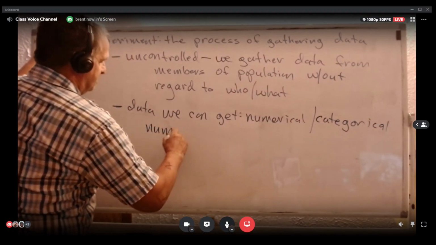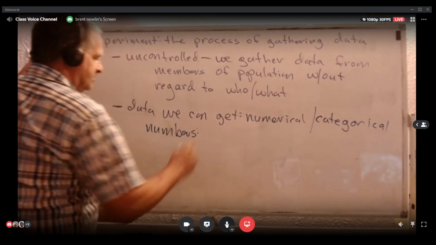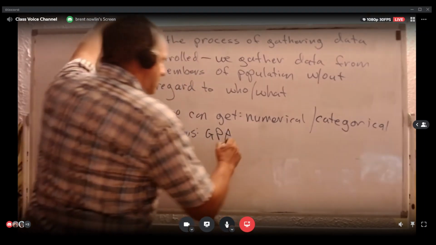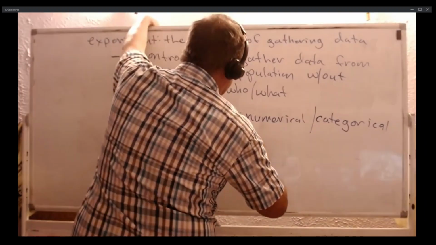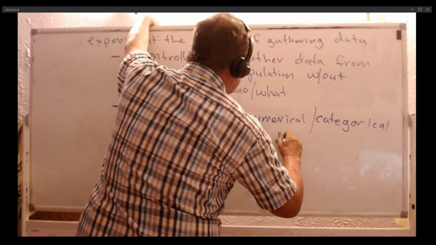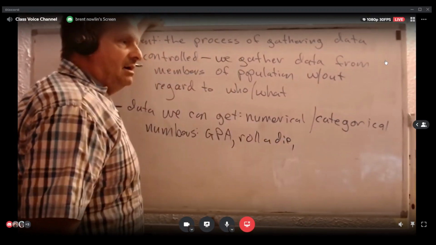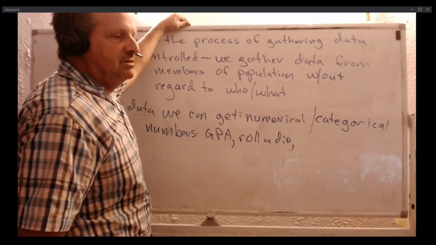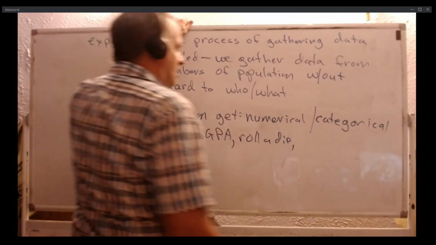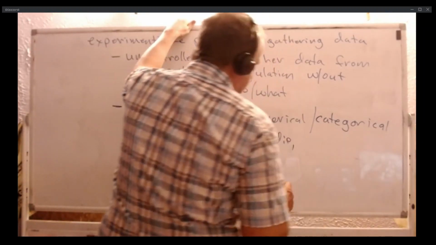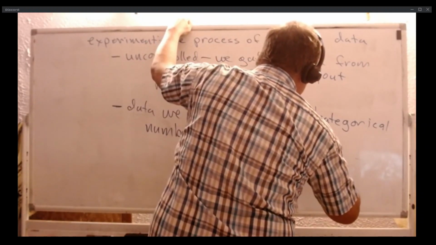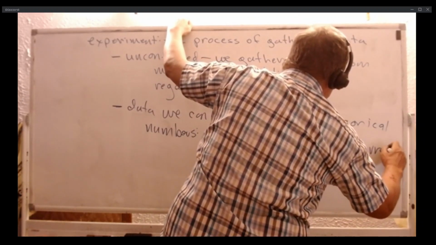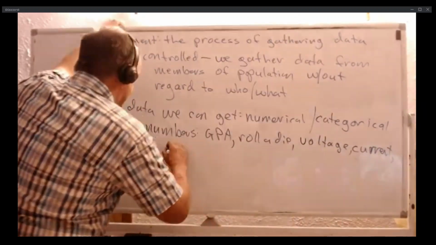So examples of numbers: GPA, right? That's a number. Roll of a die. We talked a little bit in digital logic about some of the other things that could be numbers. Voltage, right? Current, resistance, power.